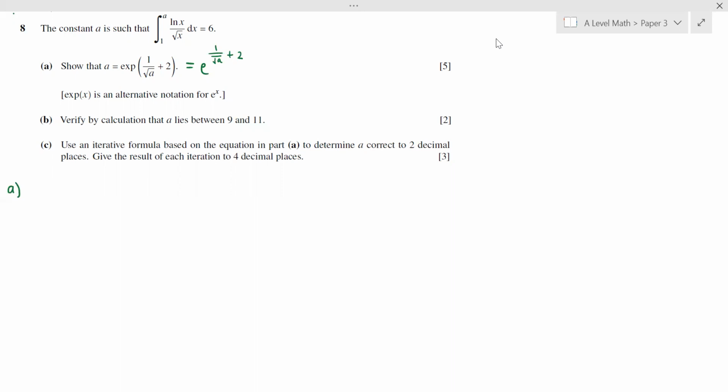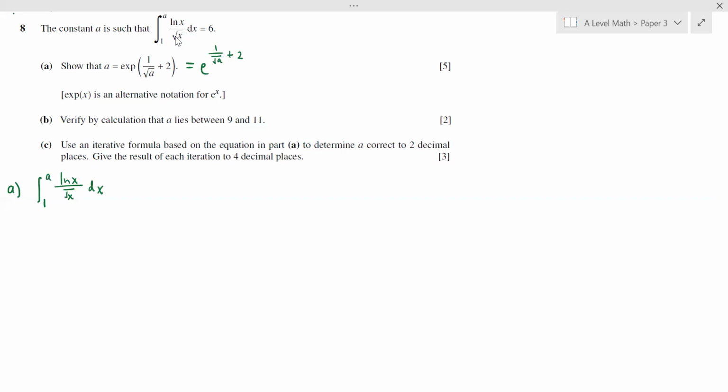So we need to evaluate the left side of the definite integral and set it to 6 to find the value of a. Now we are to integrate ln x over square root of x with respect to x. Because we have ln x and square root of x, we would need to use integration by parts.